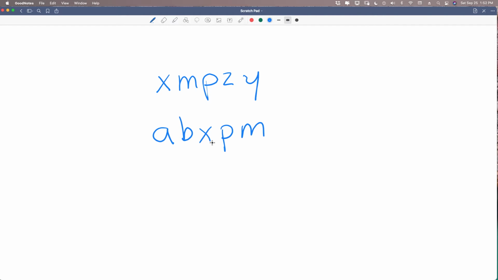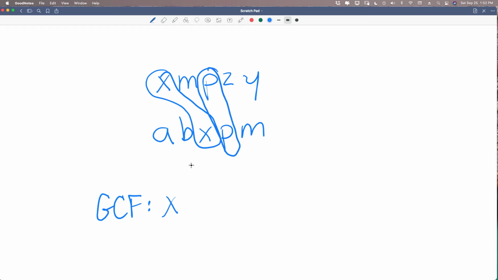So all we have to do is look for what's in common. So we have an x. So our GCF would be, first of all, x, and then we have p, and then we have m and m. So our greatest common factor for these two terms would be xpm.